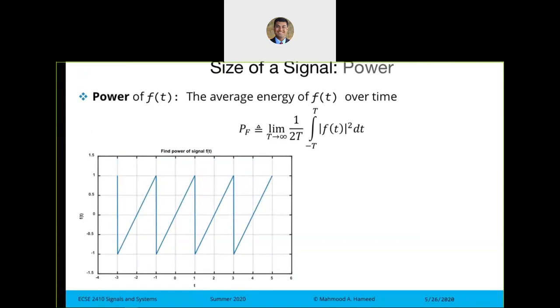Actually, for a periodic signal like the one that is shown over here, your power is the same as the power of one time period. So let's take a look at one time period. I'm just going to highlight one time period, that time period right there.